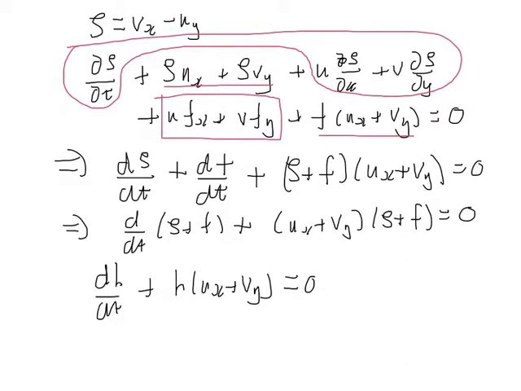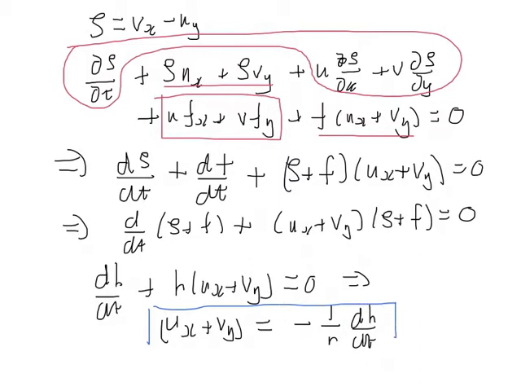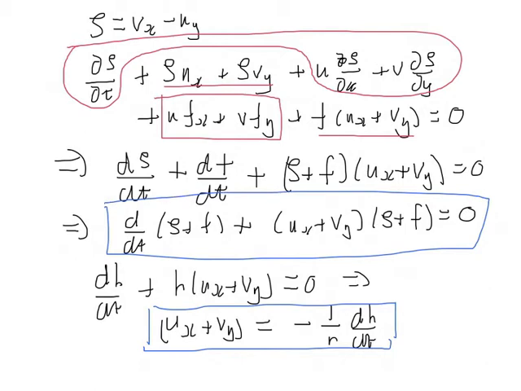So that's what the third equation is, which implies that ux plus vy is actually equal to minus 1 over h times the total derivative of h with respect to t. So we can now put these two equations together, this one here for ux plus vy, together with this equation here, and we can get a nice complete equation for the derivative of the potential vorticity.